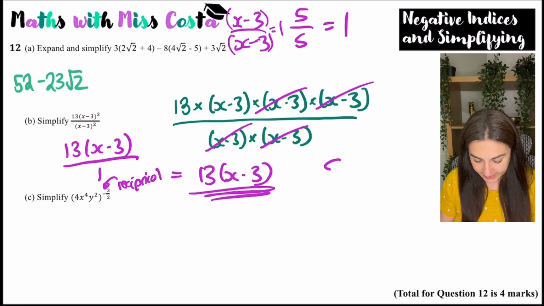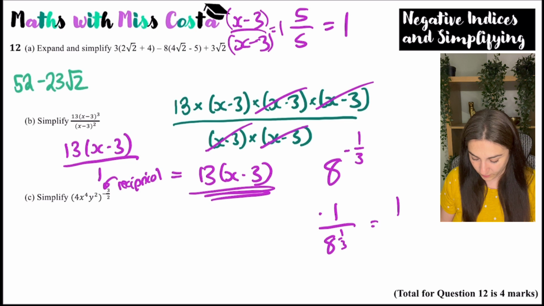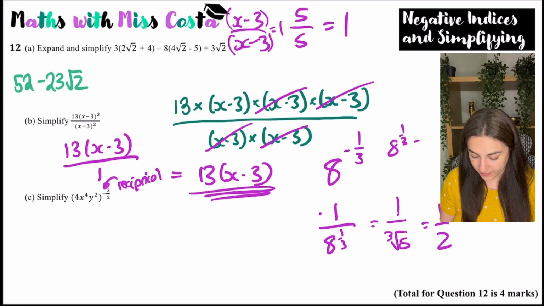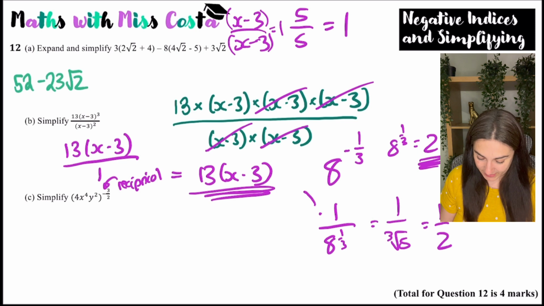For instance, 8 to the power of minus a third would be 1 over 8 to the power of a third, which is 1 over the cubed root of 8, which is 1 over 2. So if you had worked out 8 to the power of a third, which is 2, at the end, instead of doing this, you could have just flipped it.